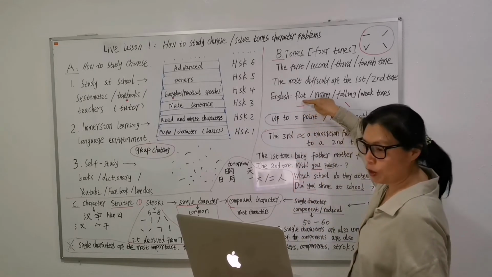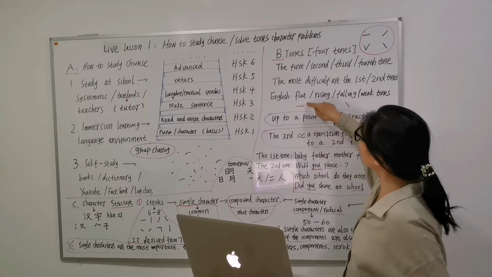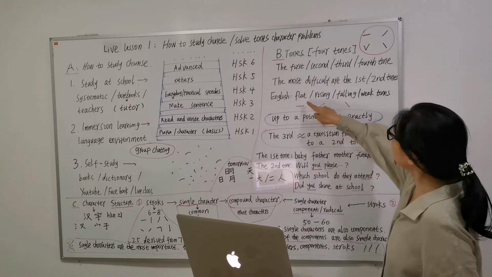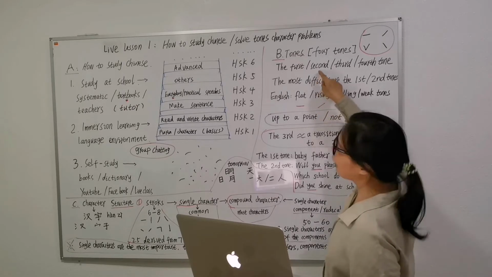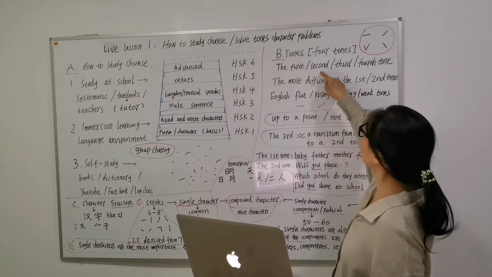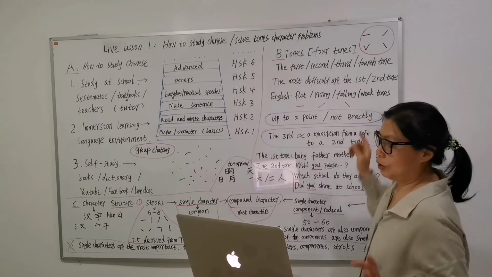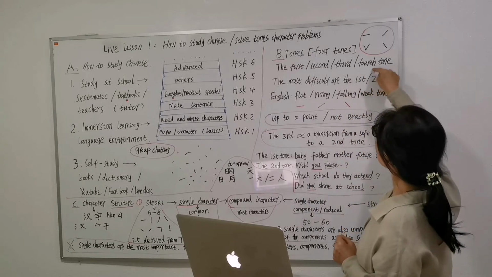The flat tone, somewhat similar to the Chinese first tone. English rising tone, somewhat similar to the Chinese second tone. And English falling tone, it's almost the same as the Chinese fourth tone.